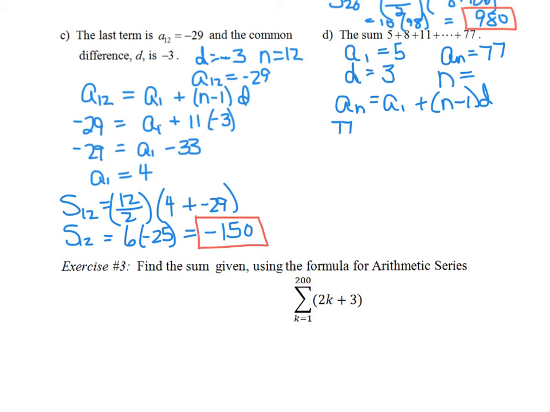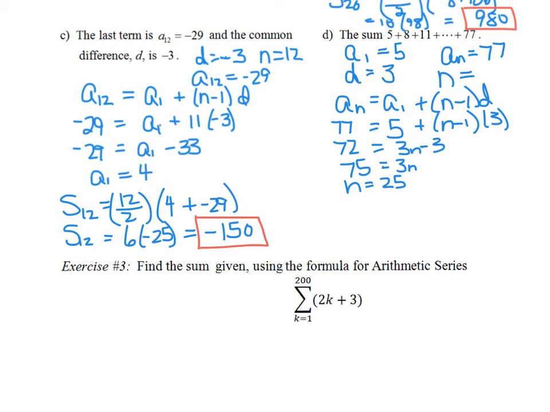So 77 is equal to 5 plus n minus 1 multiplied by 3. I'm going to subtract 5 from both sides, so that gives me 72 is equal to 3n minus 3, distributing the 3 there. So now I get 3n equals 75, so n must be equal to 25.